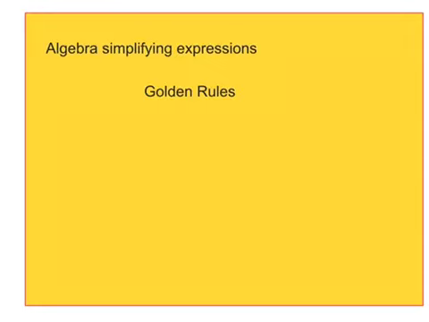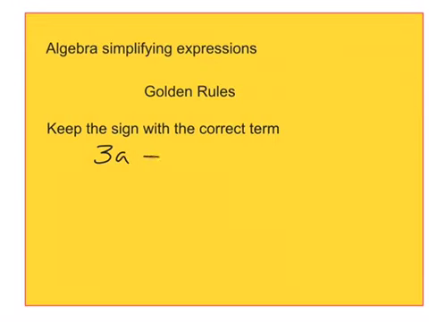So the golden rules that we must remember when we're simplifying expressions in algebra: keep the sign with the correct term. So if you have got several terms in an expression, if you've got 3A minus B, then that sign is with that minus B. You can collect together the like terms, that's the things that are the same.